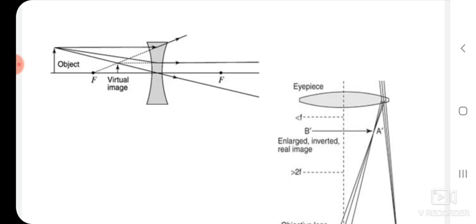The relative size and position of the object and the image for converging lenses are similar to the four cases we discussed in concave mirrors.